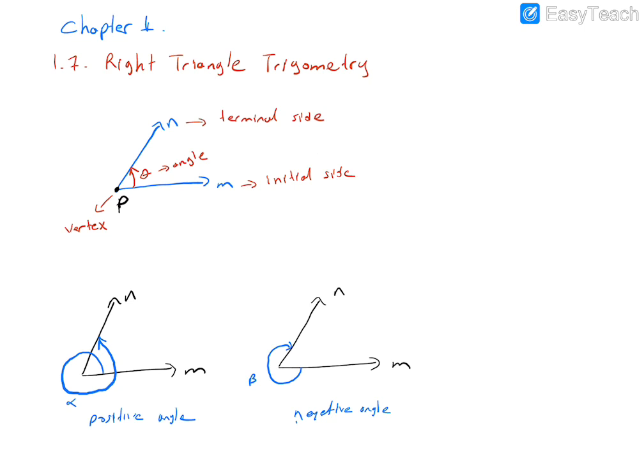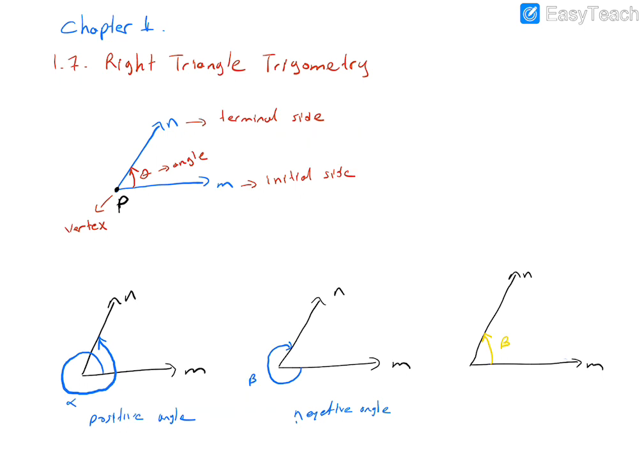Two different angles may have the same initial and terminal sides. For example, M is the initial ray, N is the terminal ray. From M to N, this is a positive angle, counterclockwise direction. Let's say beta, according to your textbook.